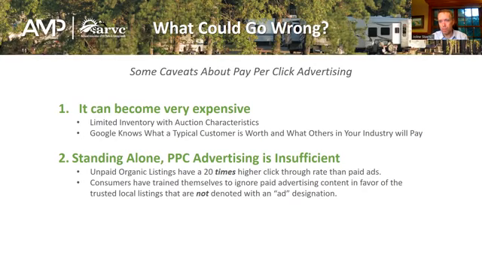Consumers have trained themselves over the past decade or 15 years to simply read past the paid listings in favor of trusted local listings that are not denoted with the ad designation. And I think we've all been consumers. You scroll right past the ads oftentimes and right to the organic results or the business listings.